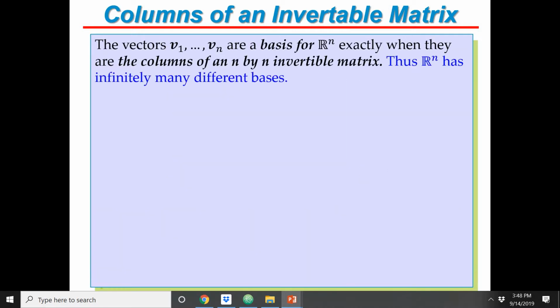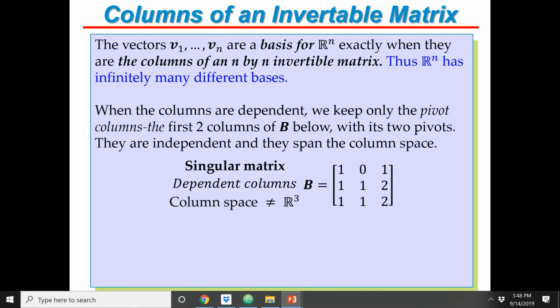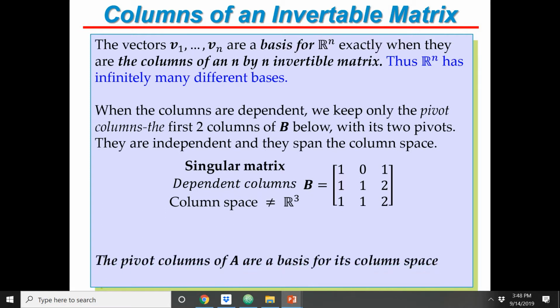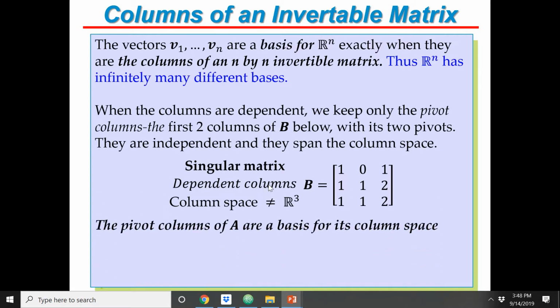So I remind you that when you form this R matrix, it is the pivot columns of A that form the basis for the column space. Because remember that the column vectors of the R matrix are not the same: the space they generate is not the same as the column space of the A matrix, because we did a lot of row operations.